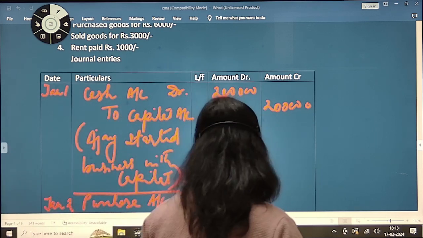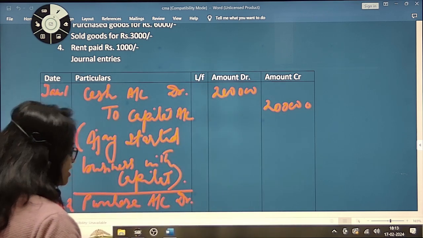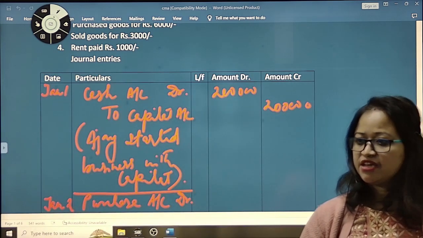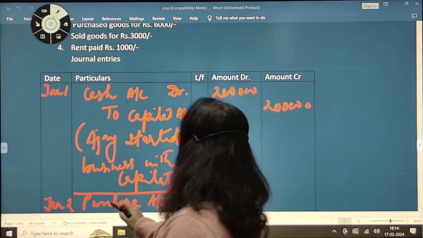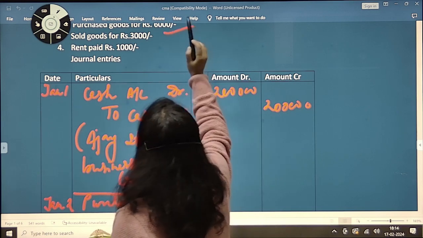Whenever goods are coming in and the money is going out, cash is going out, so cash will be credit. So the second journal entry is purchase account debit to cash account. Understood this one? Okay.